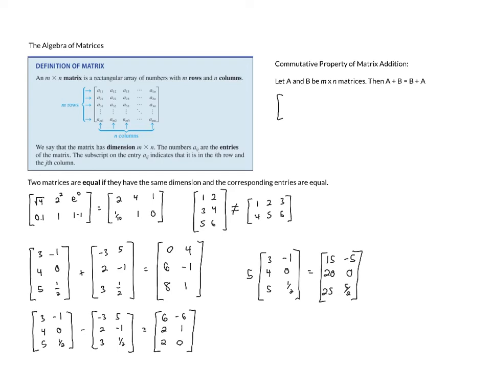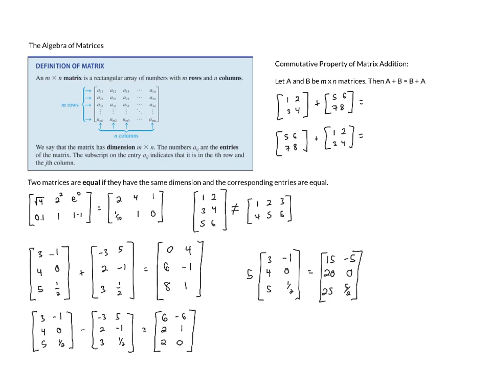For example, if we have the sum of the matrices with elements 1, 2, 3, 4, and also 5, 6, 7, 8, we should get the same answer as if we added 5, 6, 7, 8 plus 1, 2, 3, 4.